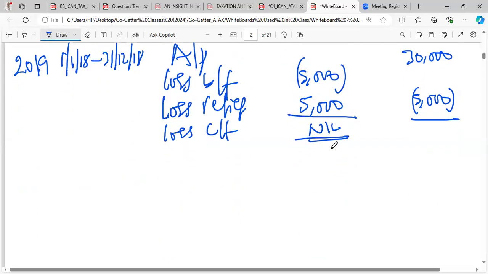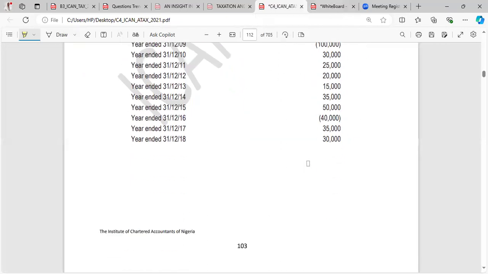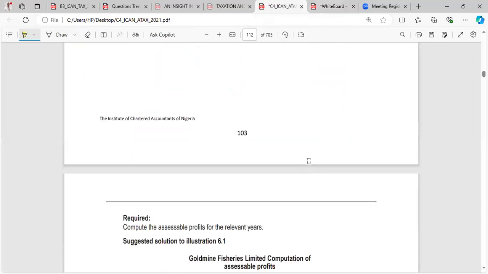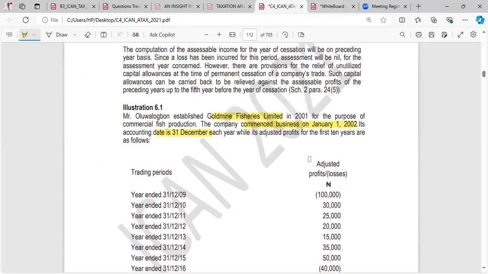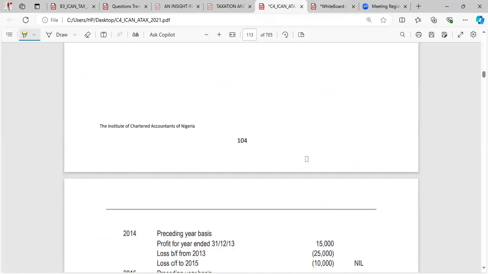Then our accessible profit should be 25,000. And that's how to solve this question. So you see how losses is being carried forward until it is done. All right, so that's the first question.